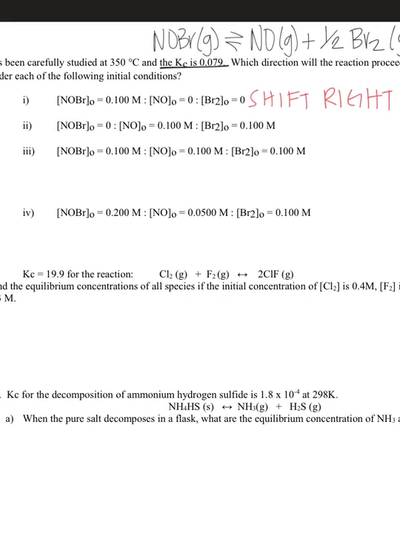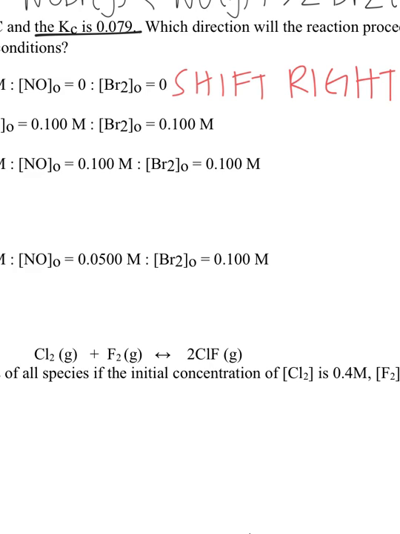Alright, situation number 2, I have no NOBr initially, and then I have nitrogen monoxide, and I have bromine. Okay, so I've got a concentration of my products. I don't have any reactants, so that means I'm going to shift left.